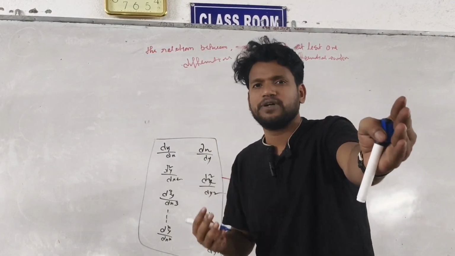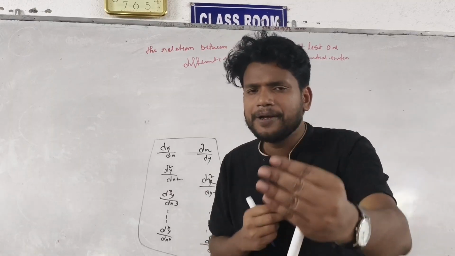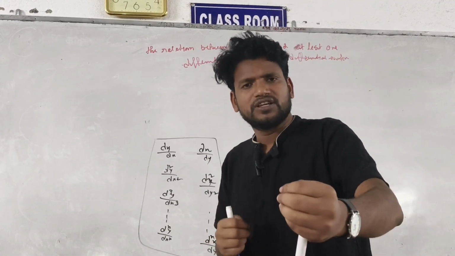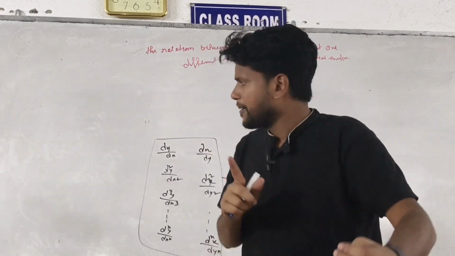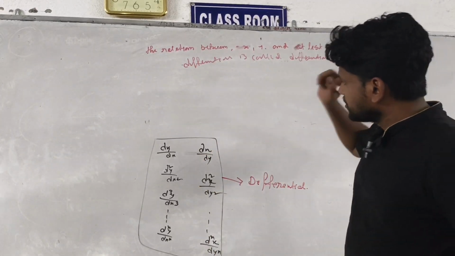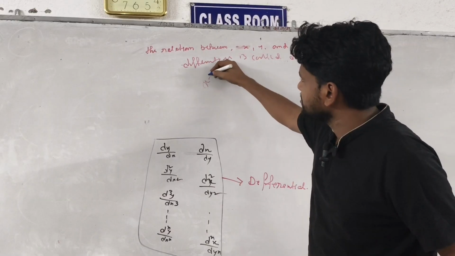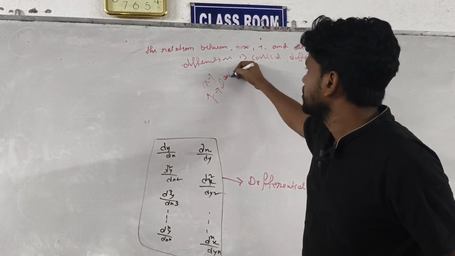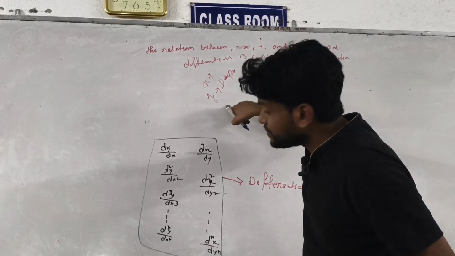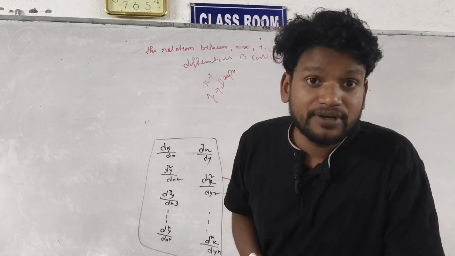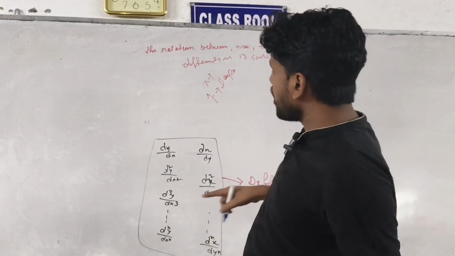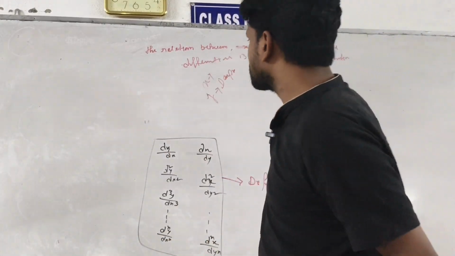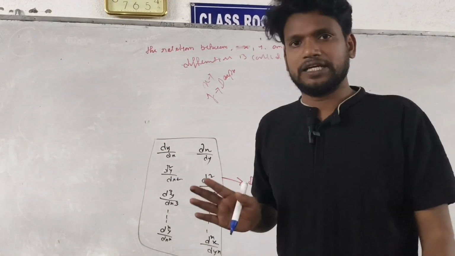I am the mathematics teacher and you are the students. Here, the relation is between x, the independent variable, y, the dependent variable, and at least one differential. That is called a differential equation.